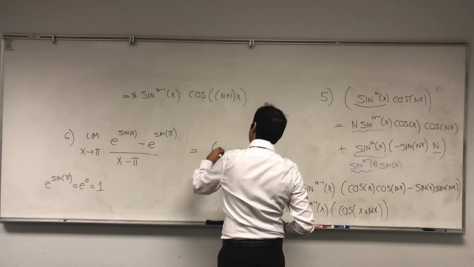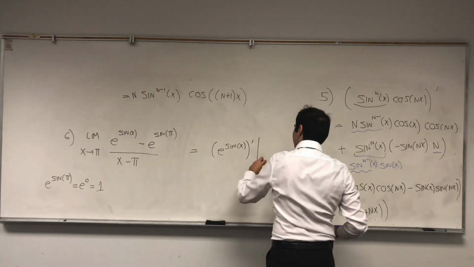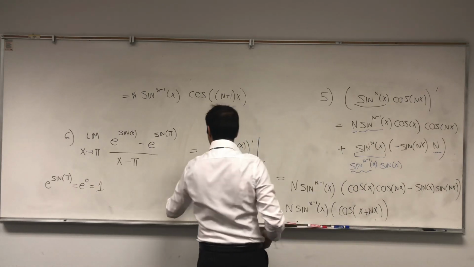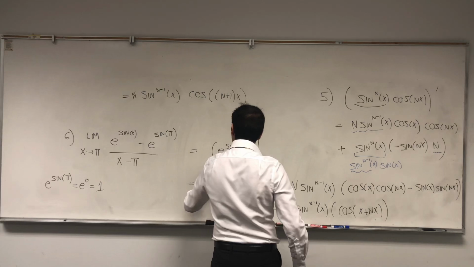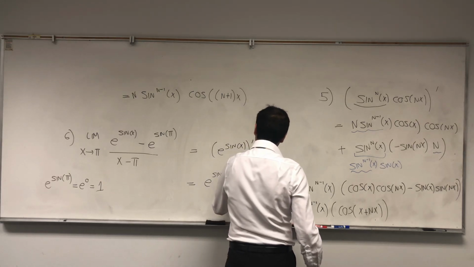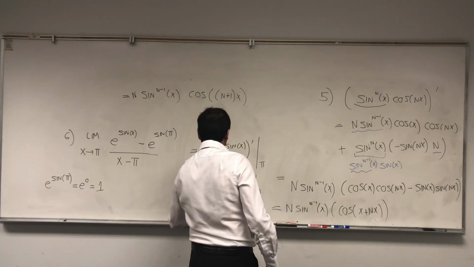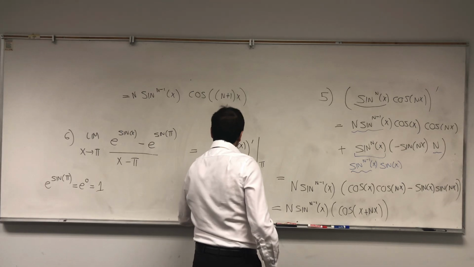So that is e of sine of x, prime, at pi. And by the chain rule, this becomes e of sine of x times cosine of x, at pi. That becomes e of sine of pi times cosine of pi.